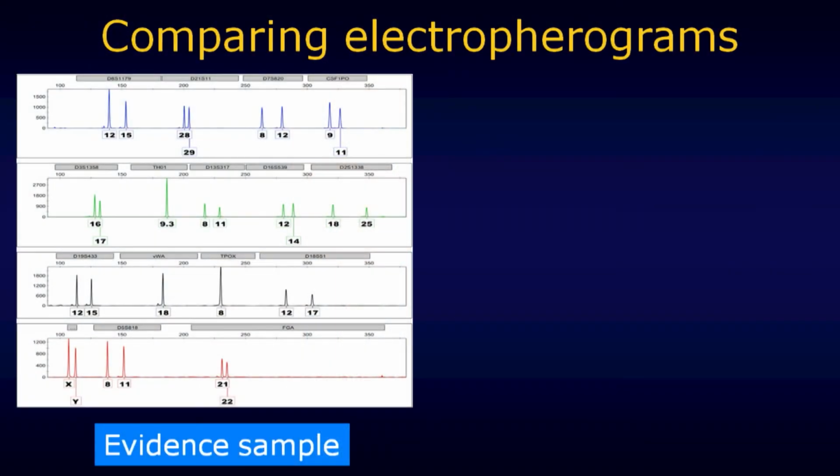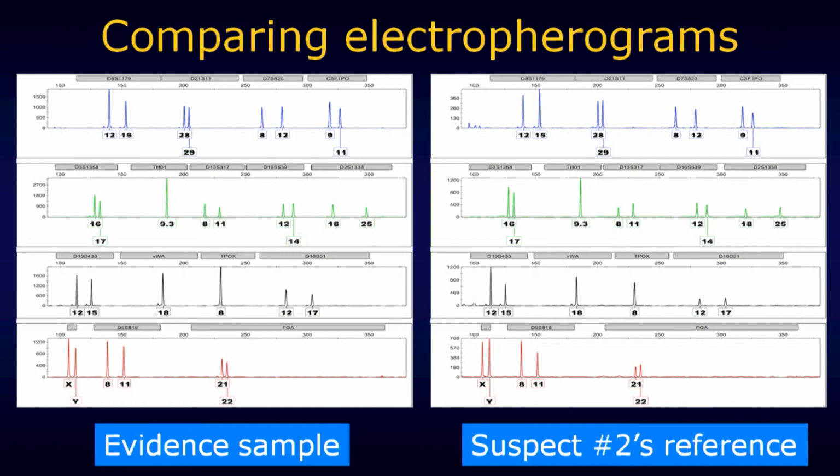So when we move on, what do we need to do? Well, once again, we're going to need to do some comparisons between the evidence sample and another suspect's sample. The evidence sample here hasn't changed at all, but now we're going to consider a different suspect. And what do you see when you start doing that same locus by locus comparison we did for suspect number 1?